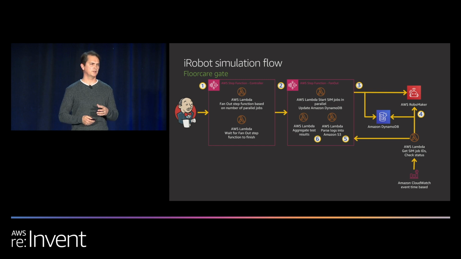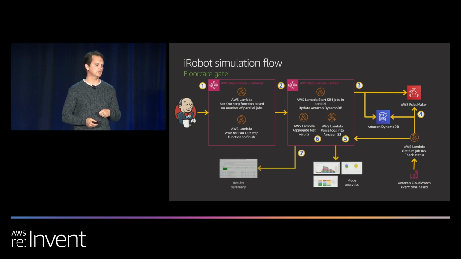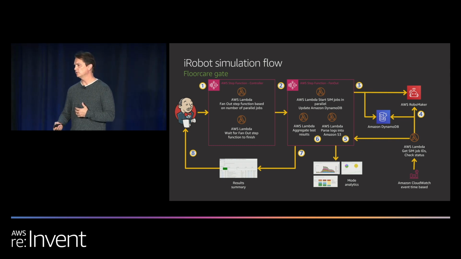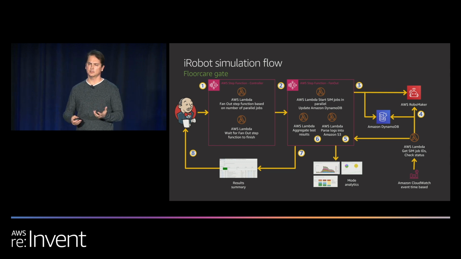As the results are all finished, we then take that and we aggregate it together, publishing it out to our analytics system and our internal website for general consumption. We then grade those results and pass back a signal to the Jenkins system as to whether the results are good enough to move forward with or not. We use a grading system on the results because there's some variability still in the simulation, and grading is a way for us to kind of account for that.